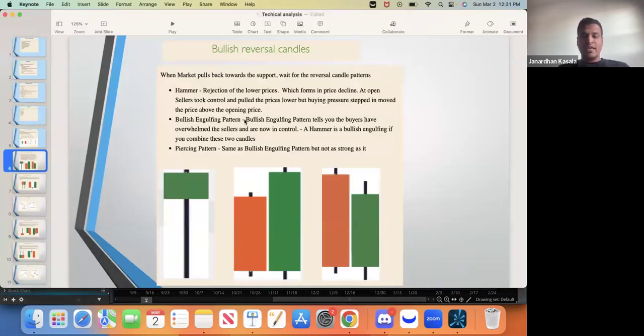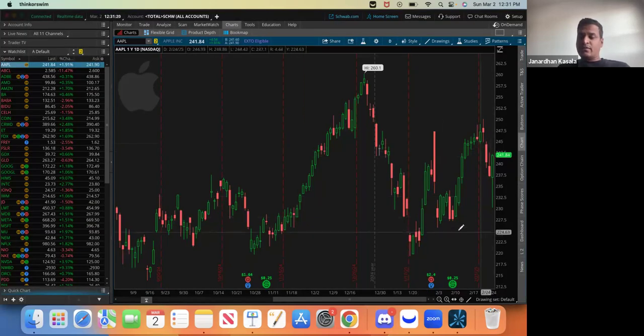and this one is an engulfing pattern. When you look at these two candles, this is, as I was telling, all about understanding who is in control.